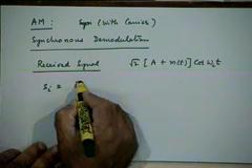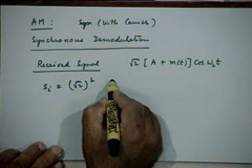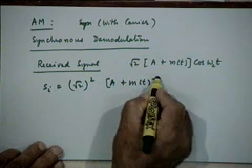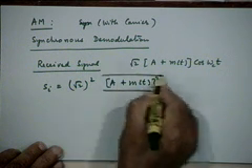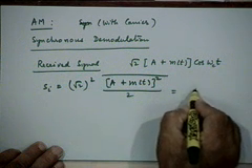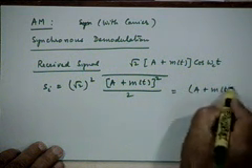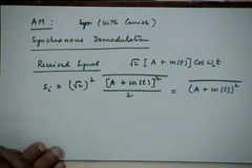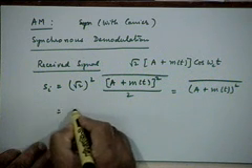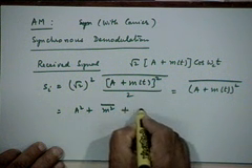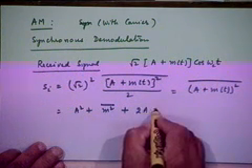It will be root 2 squared times (A + m(t)) squared upon 2. So, it makes it (A + m(t)) squared, which you can expand as A squared plus m squared bar plus 2A m(t).